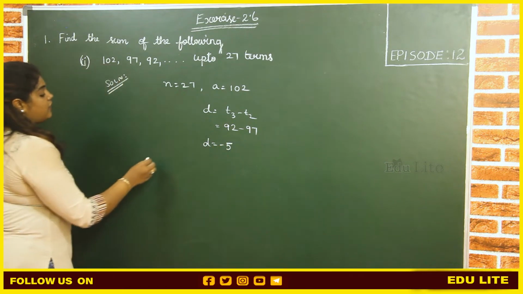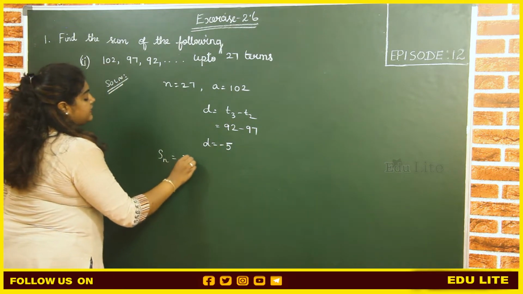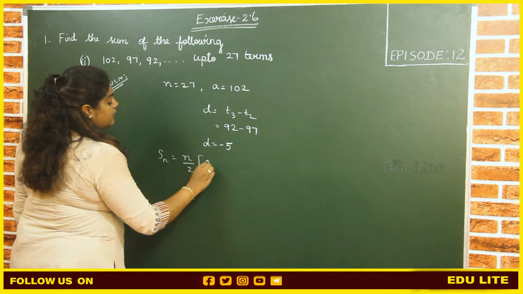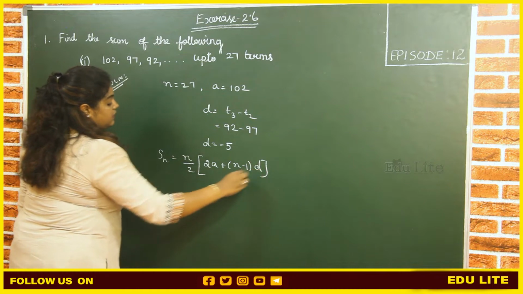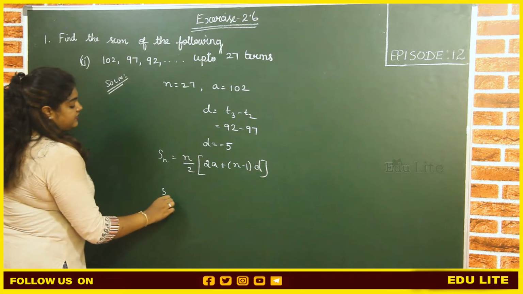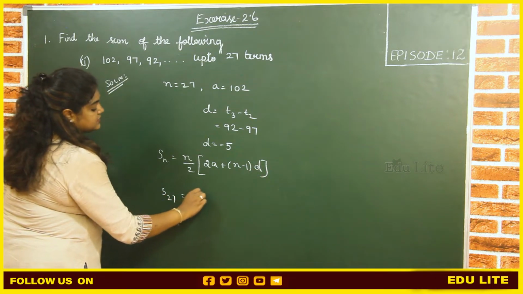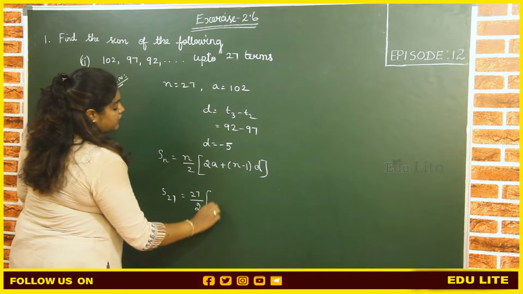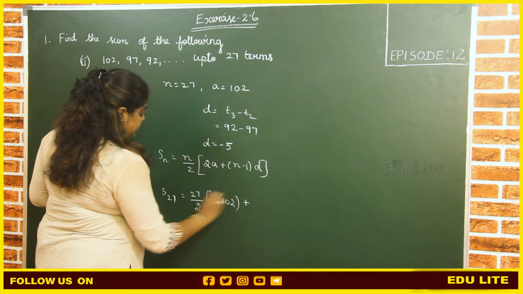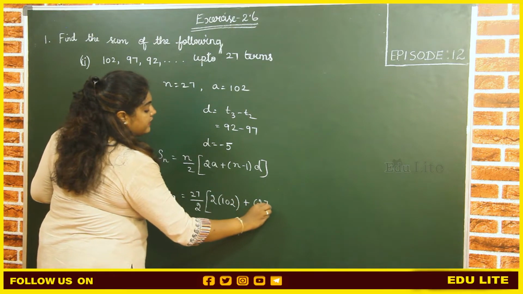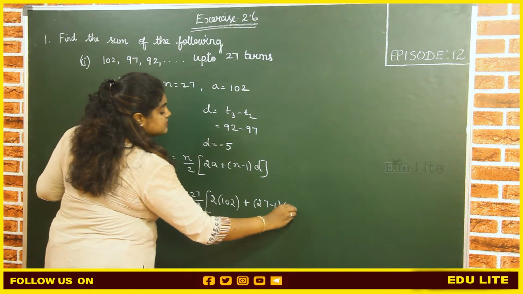So let us use the formula of Sn as n by 2 into 2a plus n minus 1 into D. The n value is 27. Therefore S27 is equal to 27 by 2 into 2 times the A value, 102, plus n, which is 27, minus 1, into the D value, minus 5.